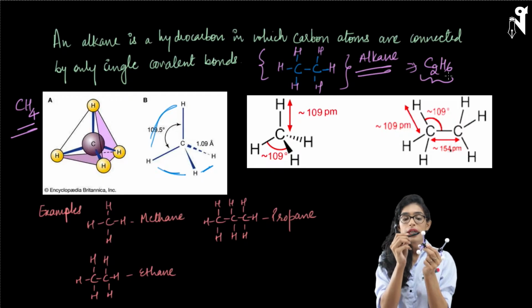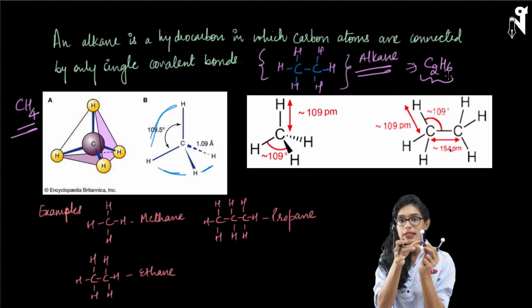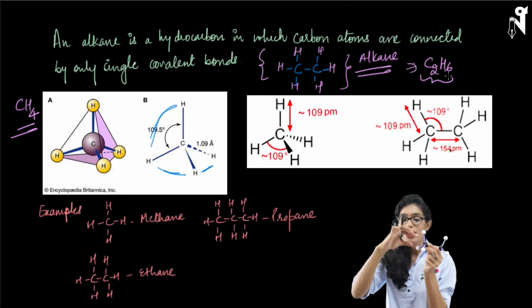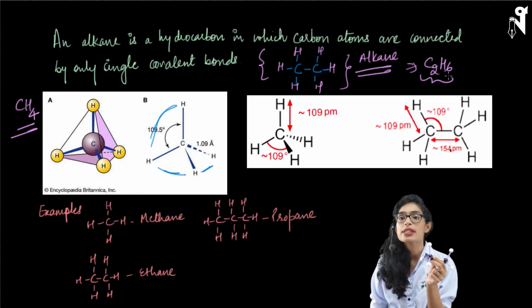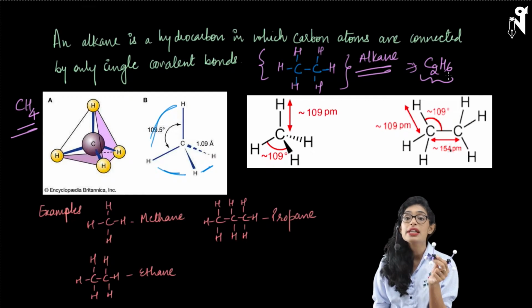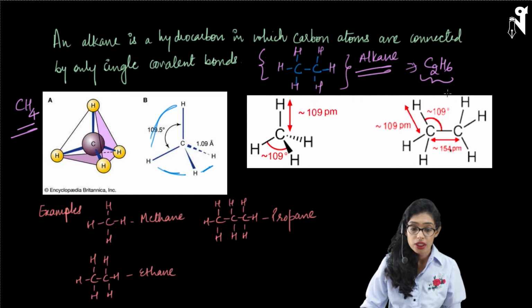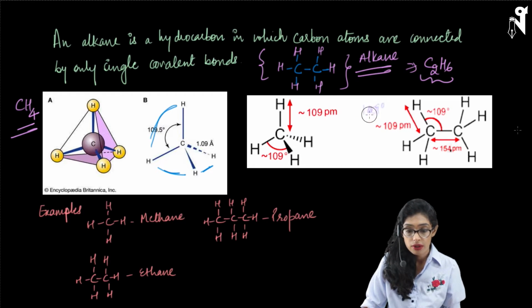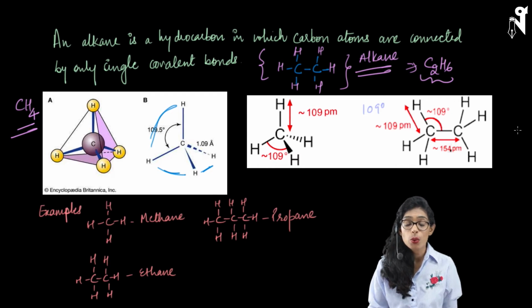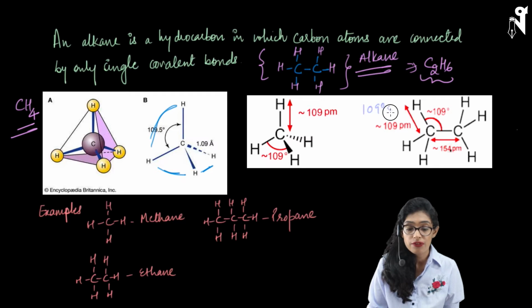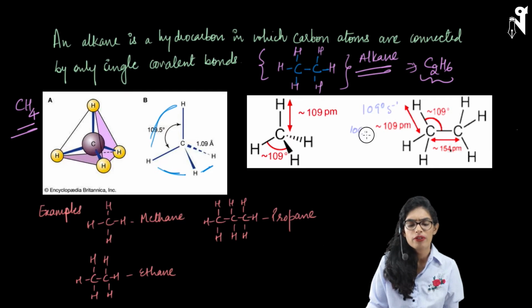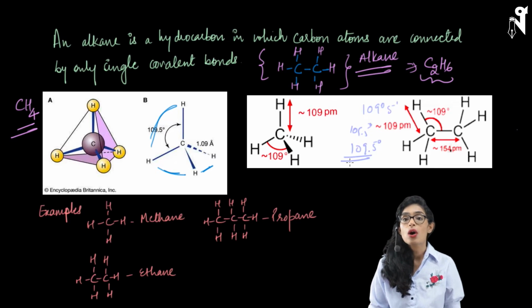Within one carbon, the angle between each set is going to remain the same, and that is approximately 109 degrees 5 minutes. Let me just write it down. So the bond angle between these is 109.5 degrees, or 109 degree 5 minutes, you can call it anything. That's how we represent it.